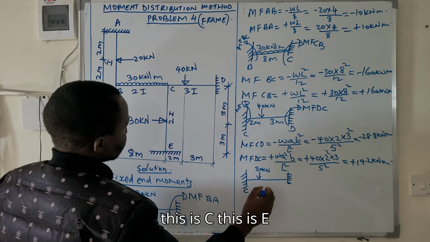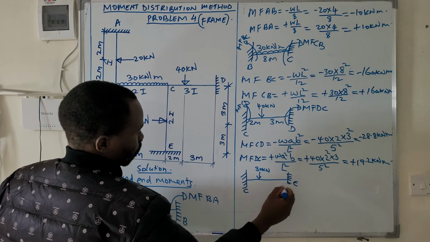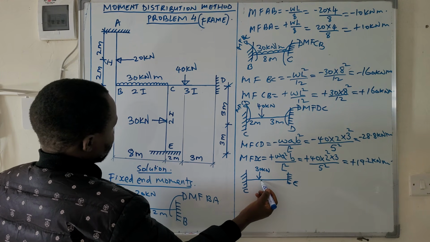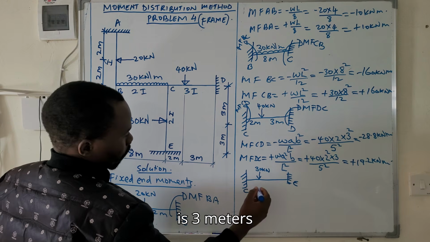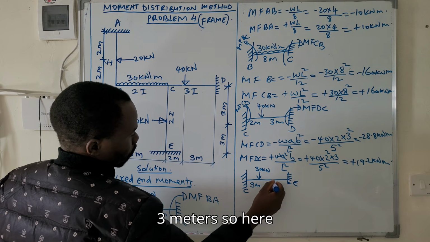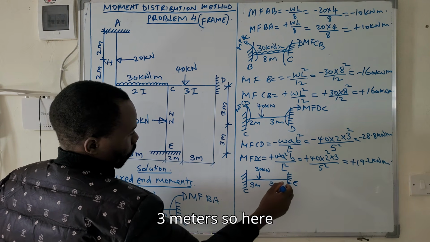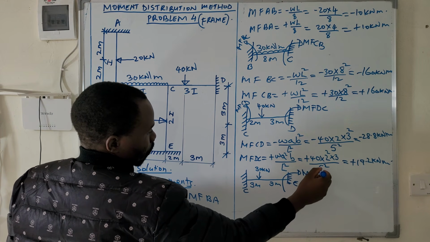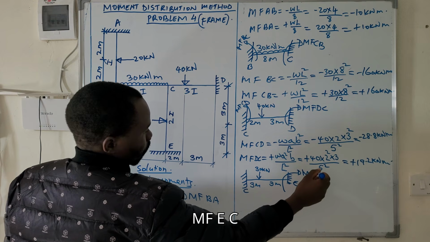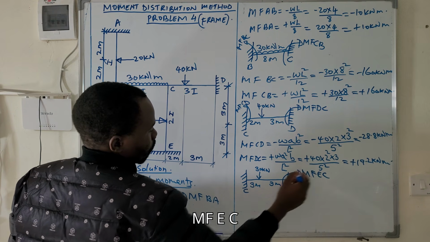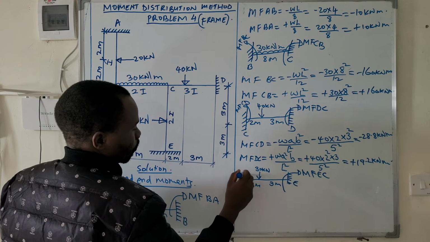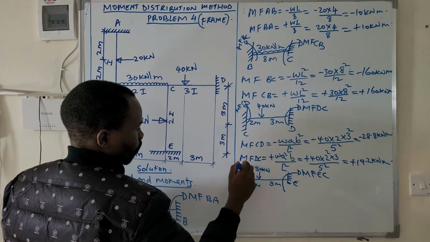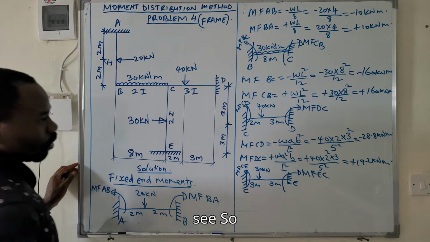This is C. This is E. So from C to 30 is 3 meters, 3 meters. So here MFEC, and here MFCE.